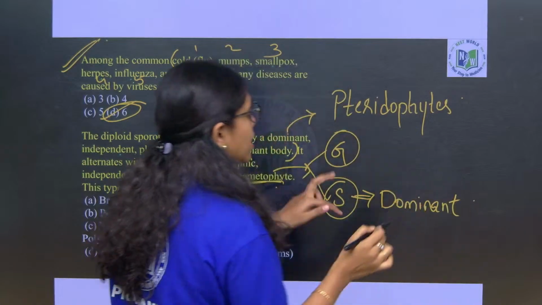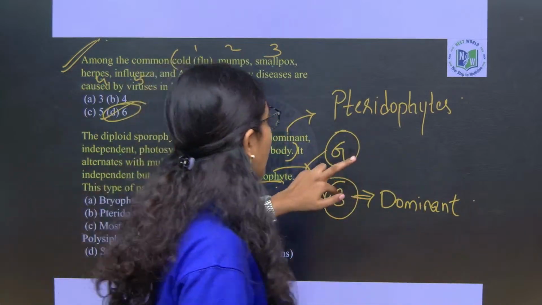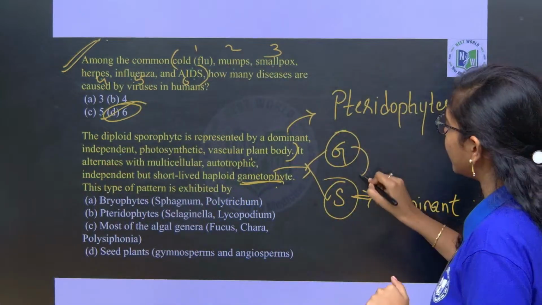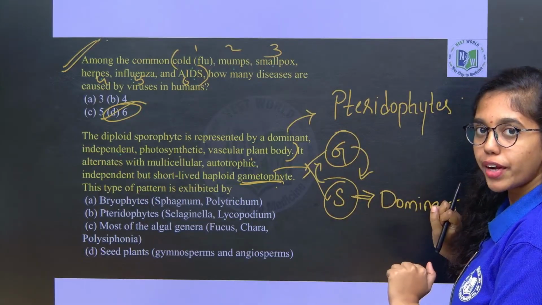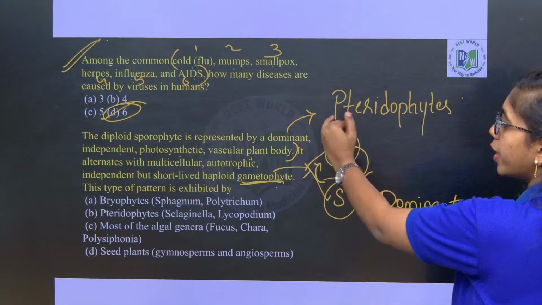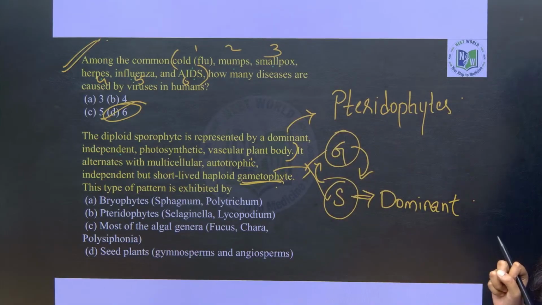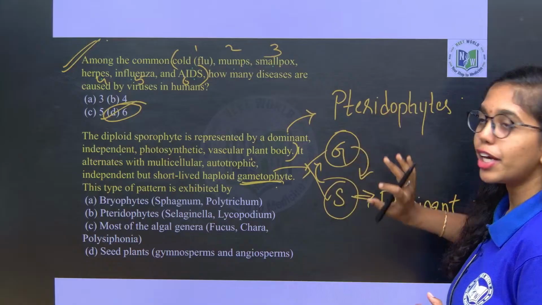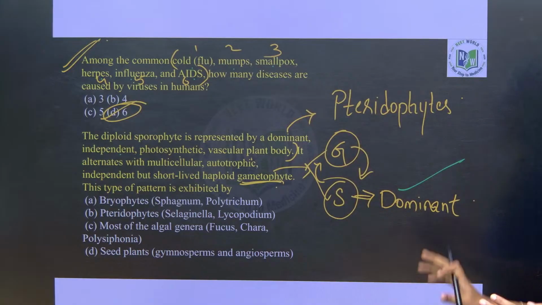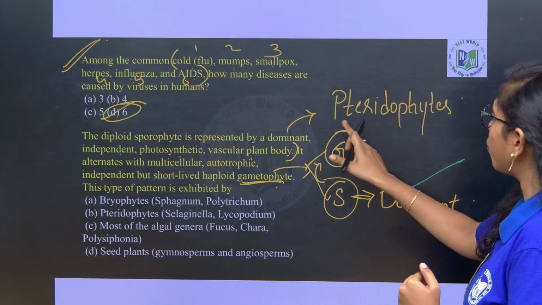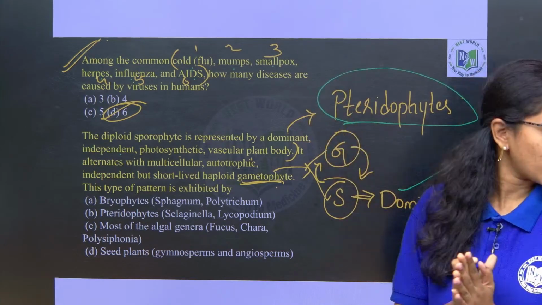You can remember it like this: both have so much self-respect, nothing is dependent on each other. The gametophyte is not dependent on the sporophyte for nutrition, and the sporophyte is also not dependent on the gametophyte. Both are independent, but the dominant plant body is the sporophytic plant body. This is for pteridophytes.